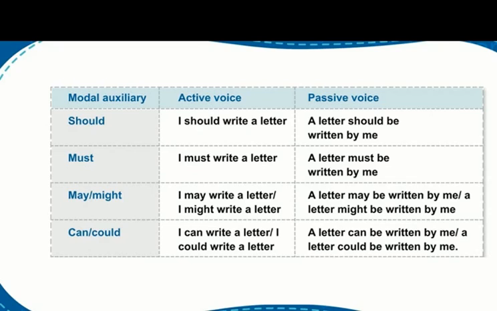In passive voice, a letter might be written by me. In the same way, can, modal auxiliary verb used in active voice, I can write a letter. In passive voice, a letter can be written by me. And could, modal auxiliary verb used in active voice, I could write a letter. In passive voice, it will be, a letter could be written by me.